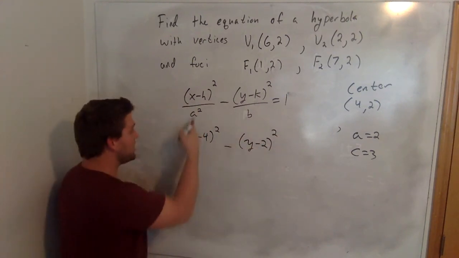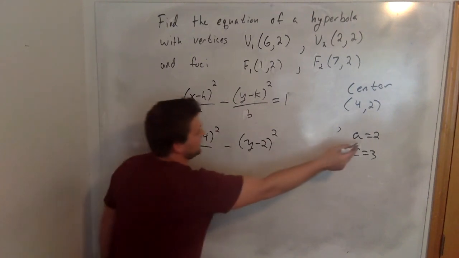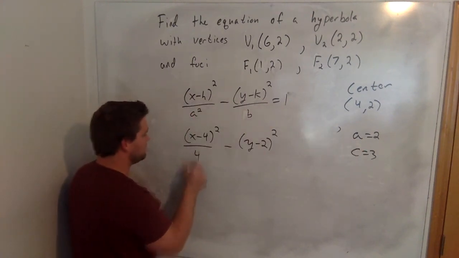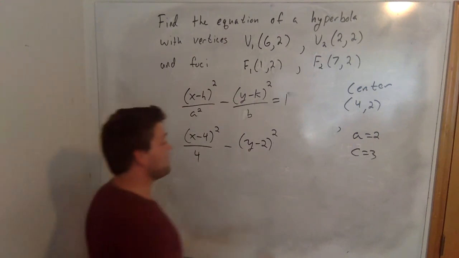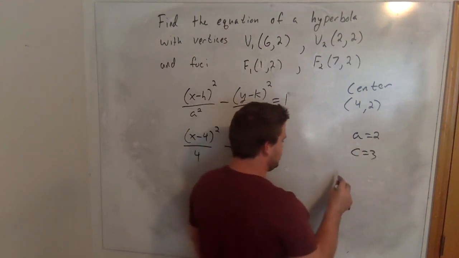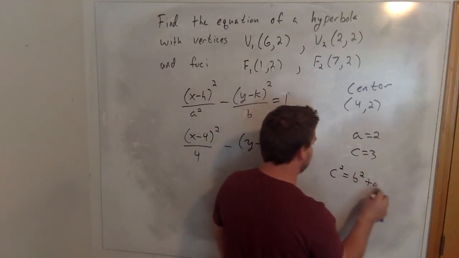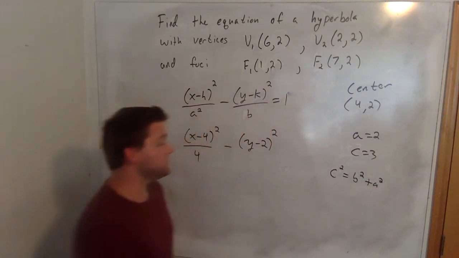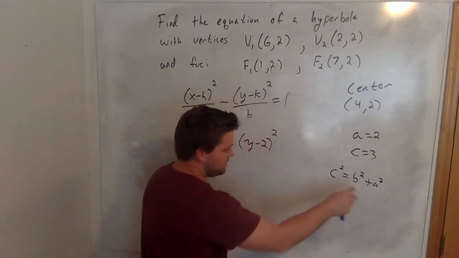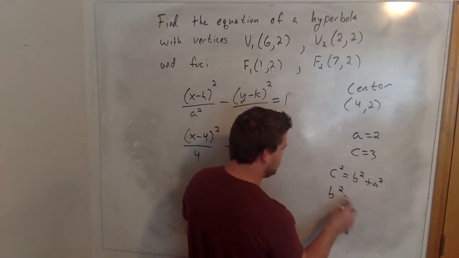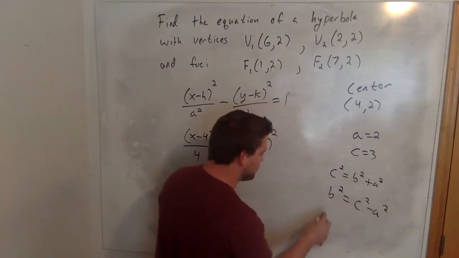We already know our a is 2, so a squared is 4. Now we need to figure out what b is, so we'll use the Pythagorean relationship: c squared is equal to b squared plus a squared. Again, if you forget this, I would recommend drawing the picture. So b squared is equal to c squared minus a squared.